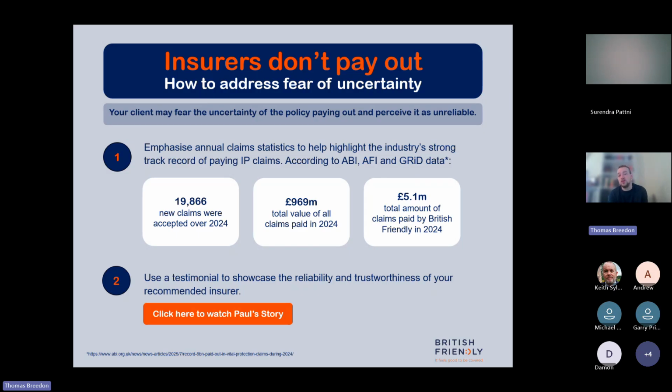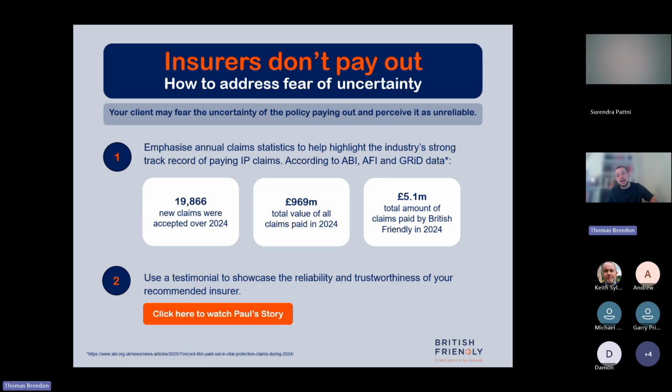Just under 20,000 new claims were accepted in 2024. This is for the whole market. Just under 700 million in total cash payments was paid out on claims, and 5.1 million of that was paid by us here at British Friendly in 2024.